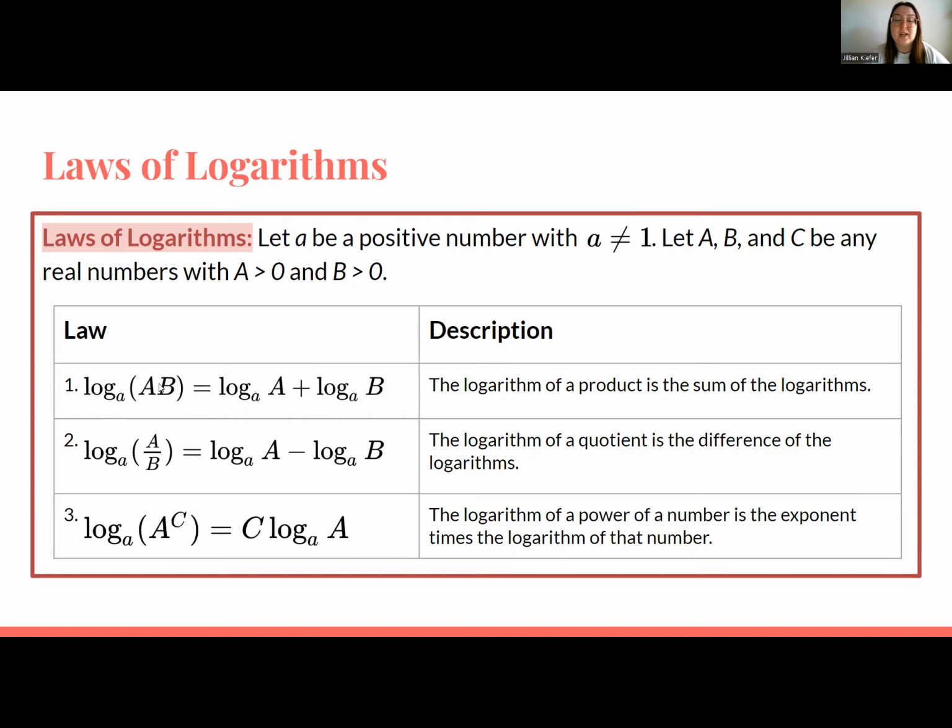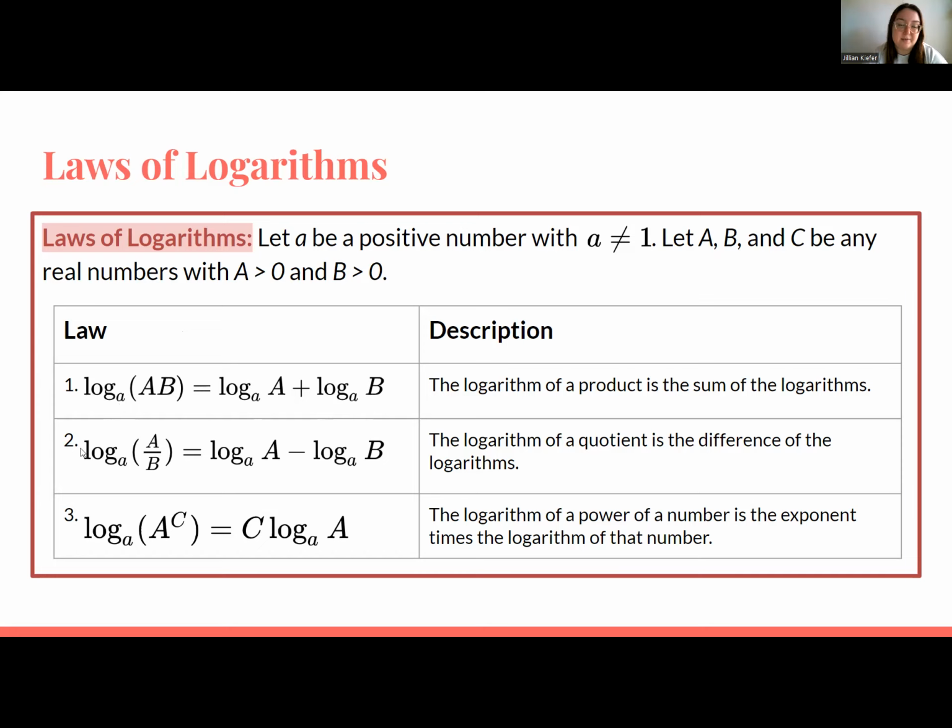And this does work in either direction. If you have log base a of capital A plus log base a of capital B, you can turn that into multiplication as well. So they work both ways. If you have one, you can turn it into the other. This is the logarithm of a product. It's really going to be the sum of the logarithms.